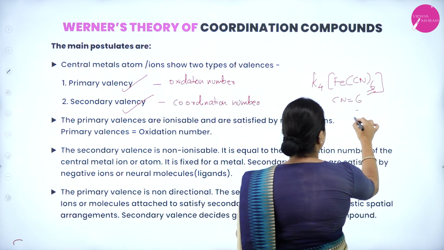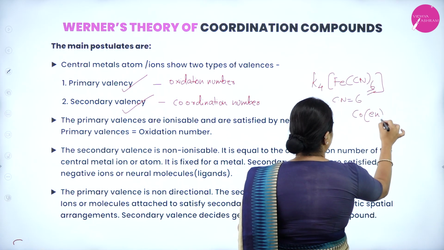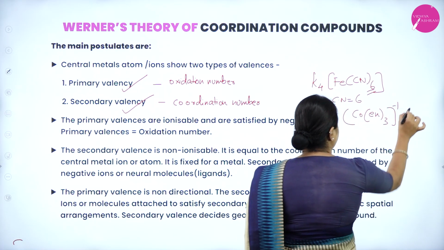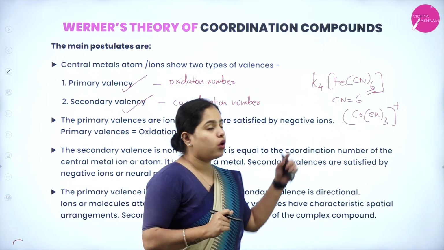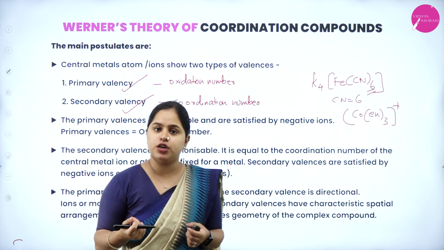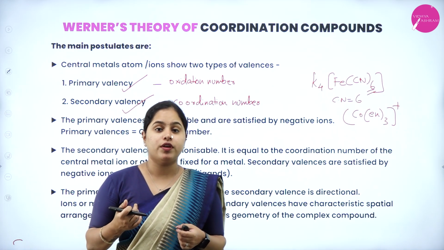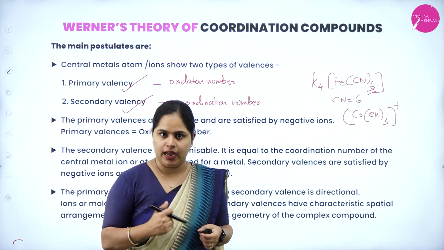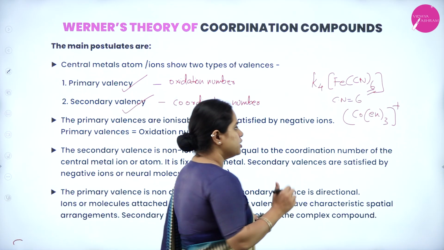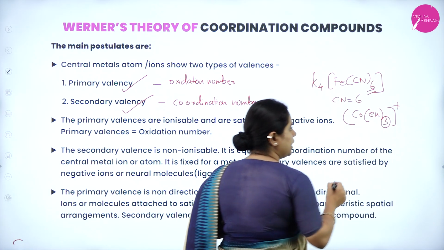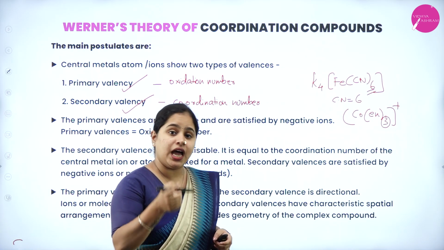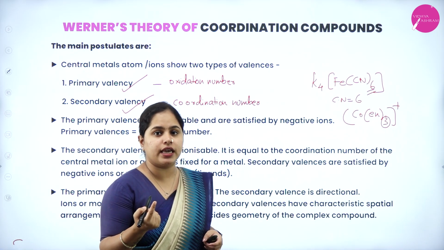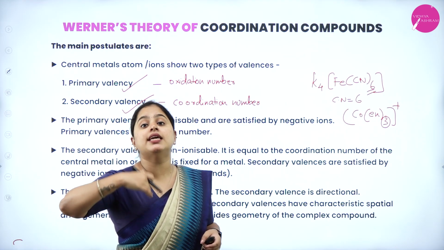Now another example, let us take [Co(en)3]3+. What does en stand for? It is ethane-1,2-diamine. What do we know about ethane-1,2-diamine? It is a bidentate ligand. Here 3 en ligands are there and it is bidentate, so in that case it is not 3, it is 3 into 2.